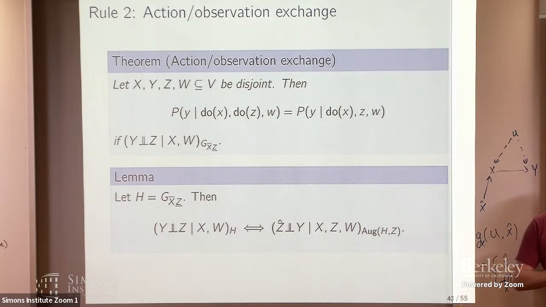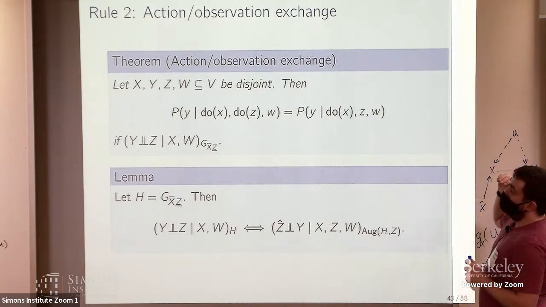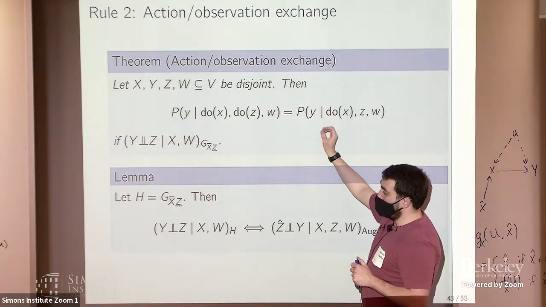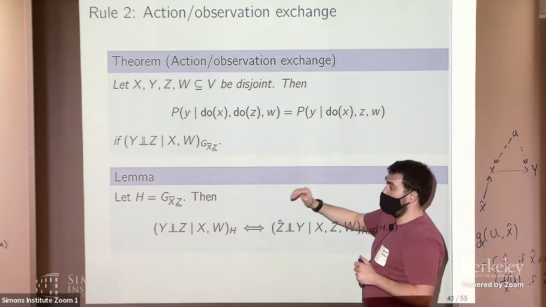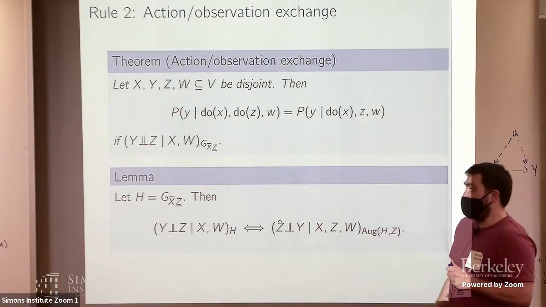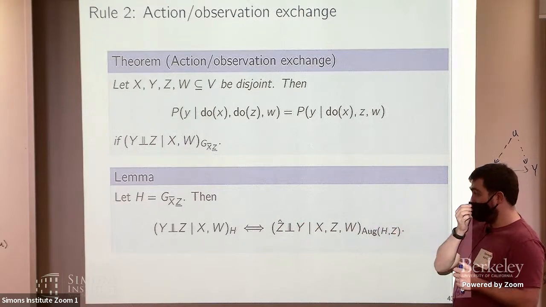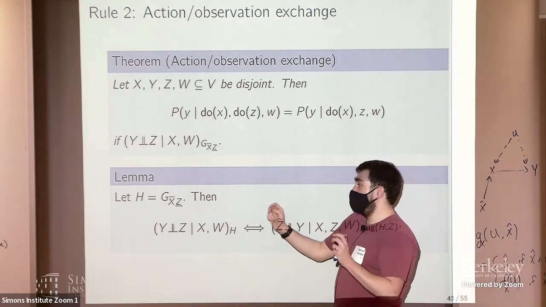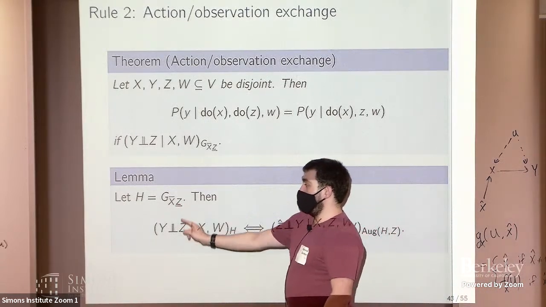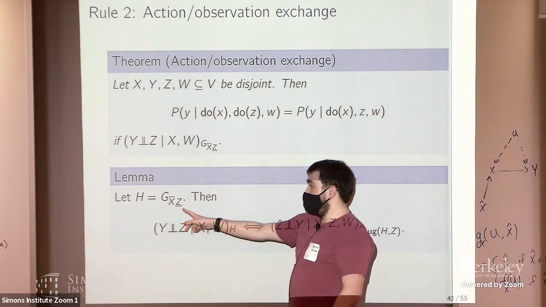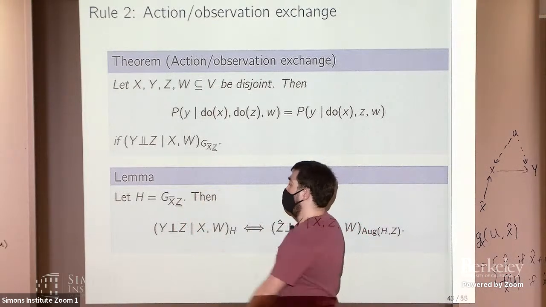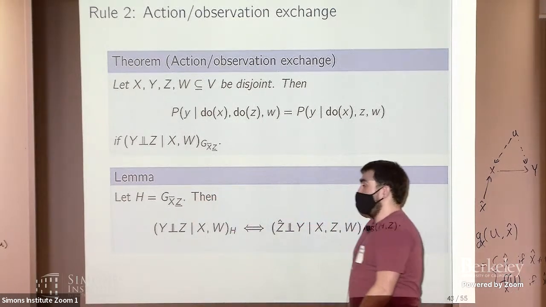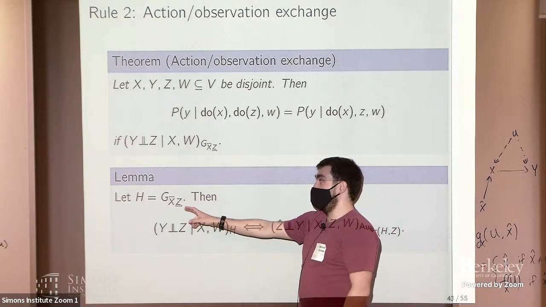Before we prove rule 2, which will turn out to be easy to prove once we have this lemma, we're going to prove this lemma. What does it say? It relates d-separation in the graph H, that is the graph where we've intervened on X and removed all the edges into X, and where we've removed edges out of Z. You'll see why that's relevant later.